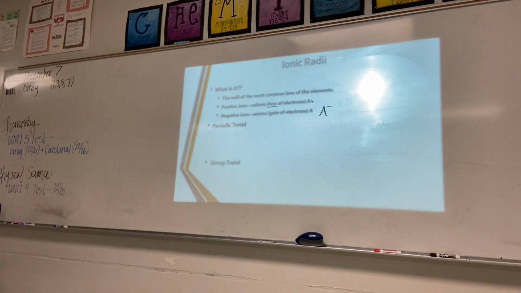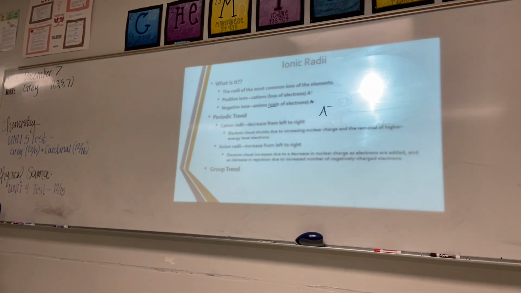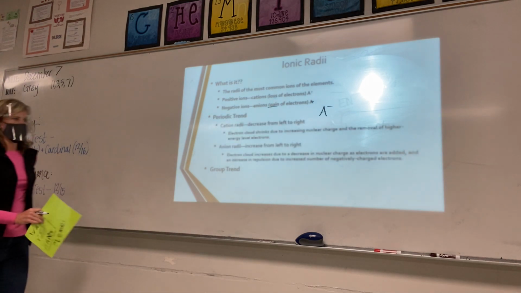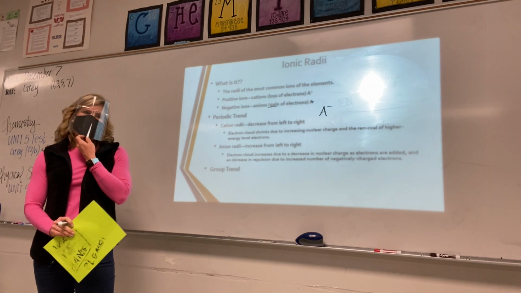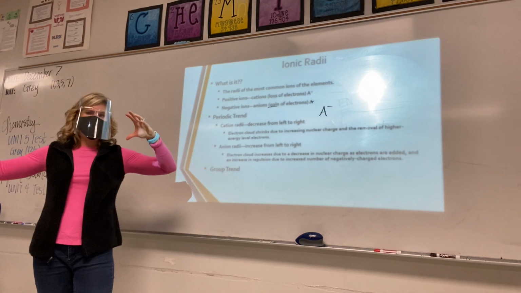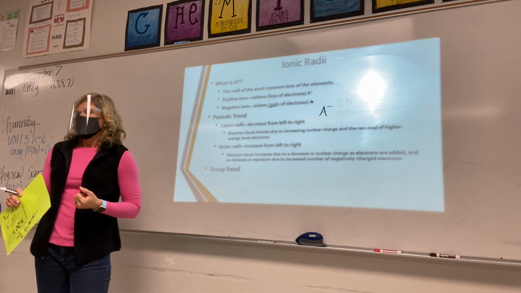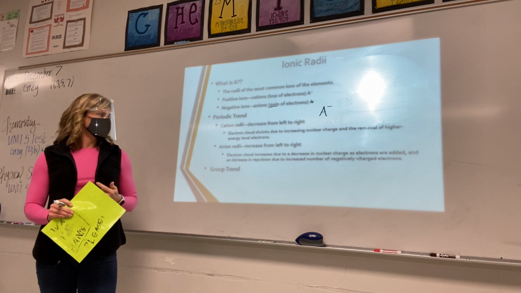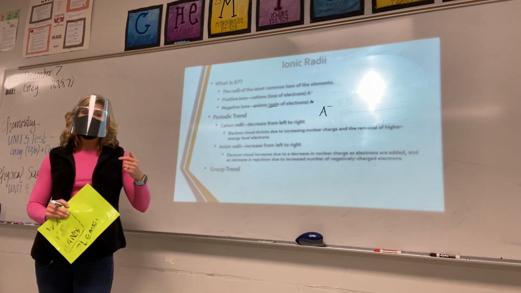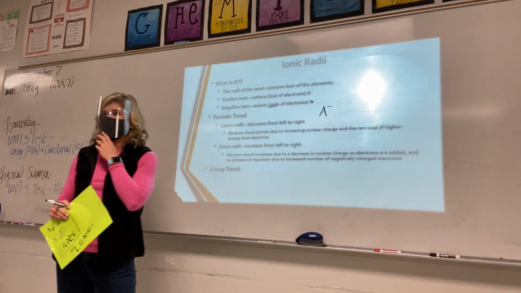Okay, so cation radii is going to decrease from left to right, just as the atomic radius did. And this is because our cloud, as we just talked about, is shrinking. Our effective nuclear charge is getting bigger to the right, just as it did before. And now we're removing even more electrons.